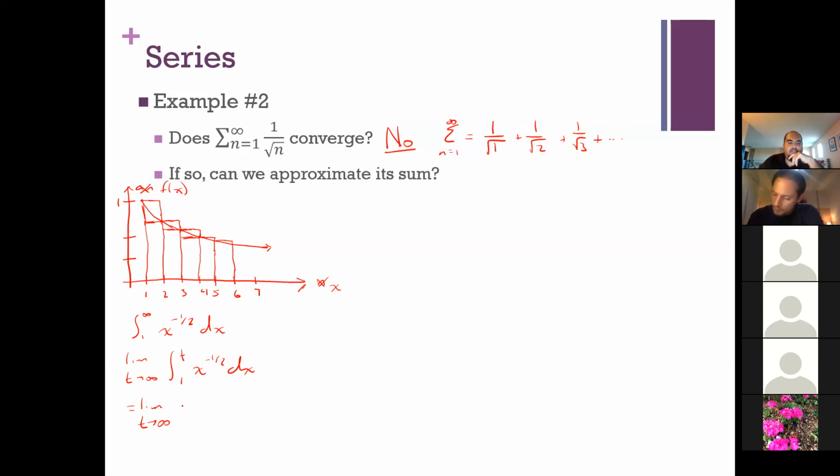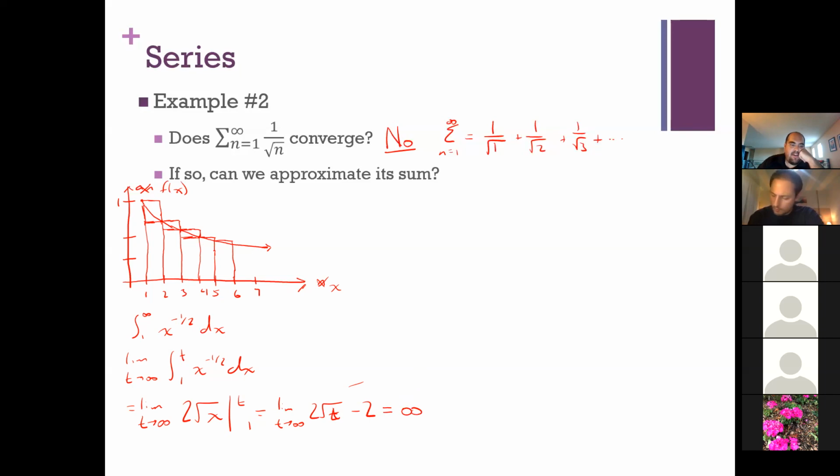What's going to happen as t gets very large? Yep, it goes to infinity.